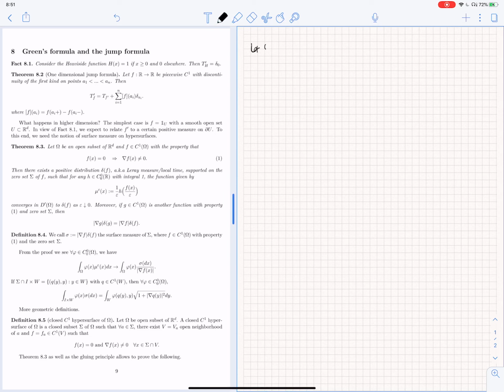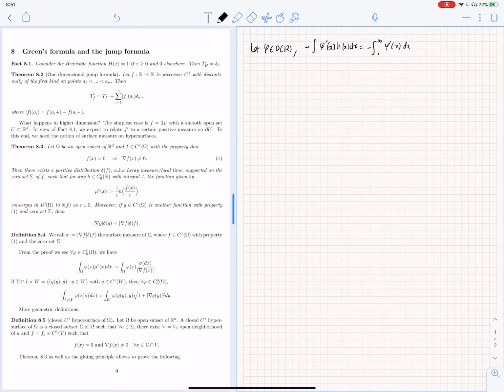If we consider any test function φ on the real line, we compute the negative of the integral of φ'(x) H(x) dx. Since H takes the value 1 on the interval 0 to infinity and 0 elsewhere, we have nothing but this integral.